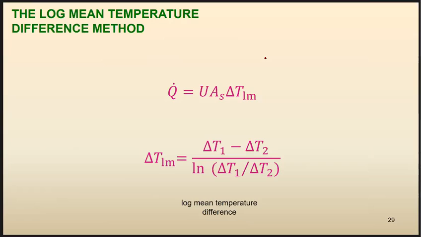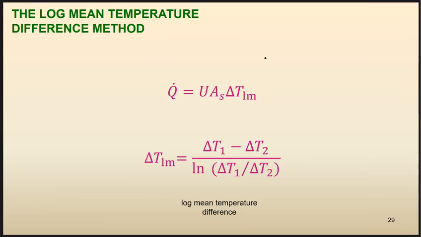And it's called log mean temperature difference between cold side and hot side over certain lengths, whatever lengths that we are focusing at. Delta T sub 1 minus delta T sub 2 over natural log of delta T sub 1 divided by delta T sub 2. So what are delta T sub 1 and delta T sub 2?